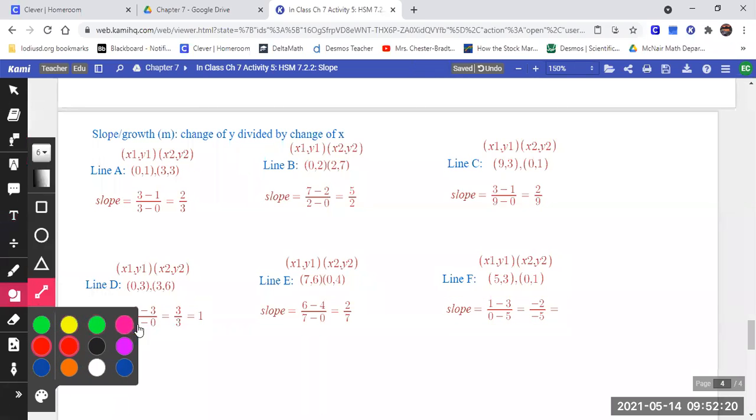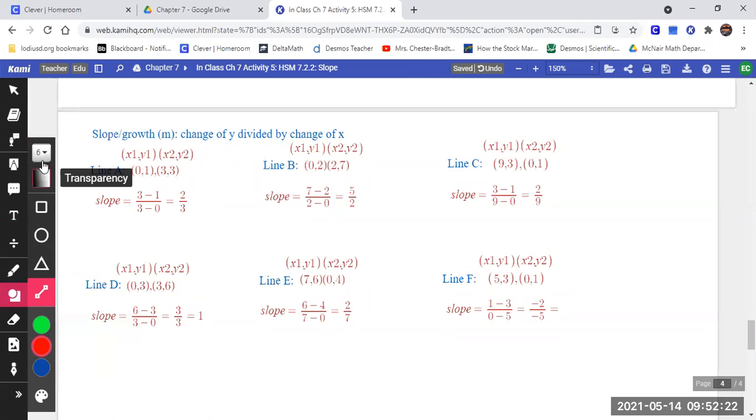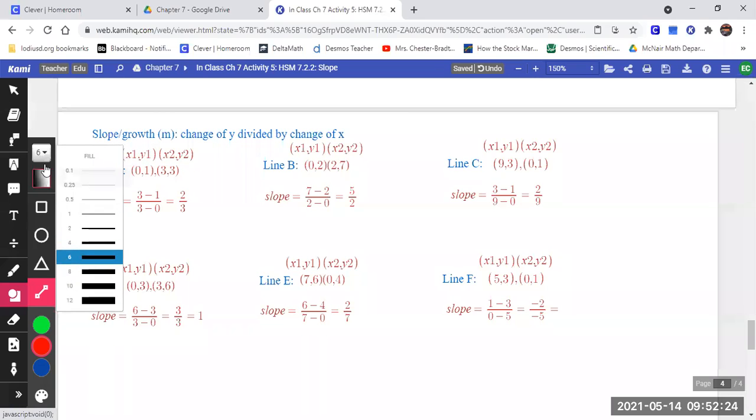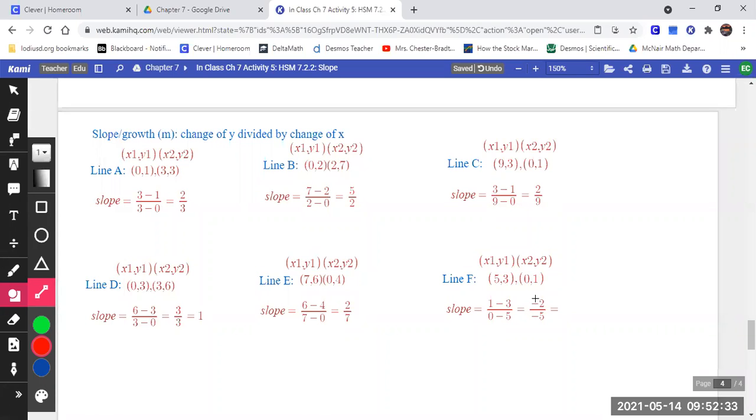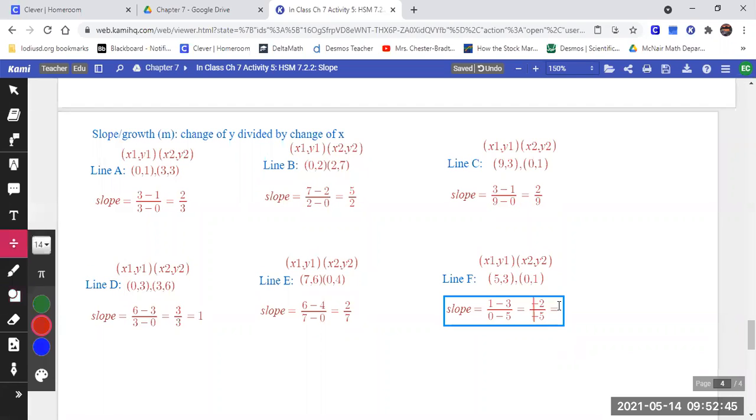Because we know negative divided by negative is what? Negative divided by negative. So these negatives go away. So what's our simplified form? 2/5. Would that have been the same exact thing if we'd gone 3 minus 1 and 5 minus 0?